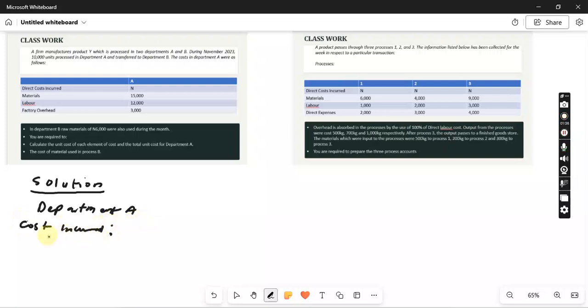Cost incurred. So we have material. So let's put the naira sign here. Material we have 15,000.